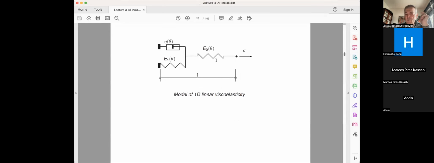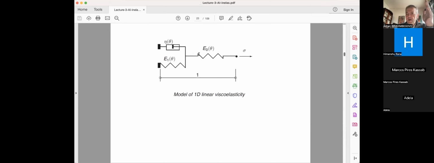So I can see intuitively, if I keep this fixed, whatever the way I can keep it fixed, let's imagine for the moment I can do that, the only thing which stretches is this elastic spring E0. So I will call this elastic deformation. And then basically the elastic deformation times E0 is equal to this sigma.